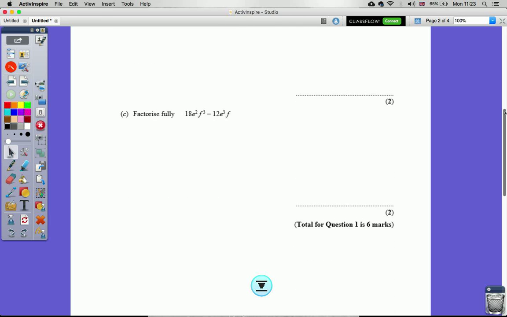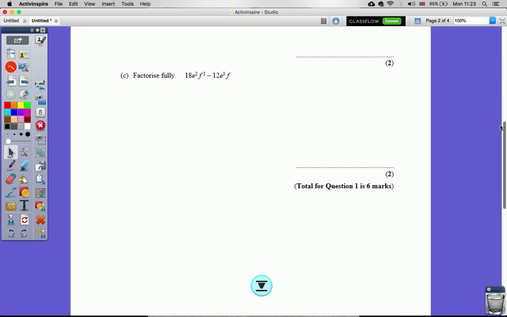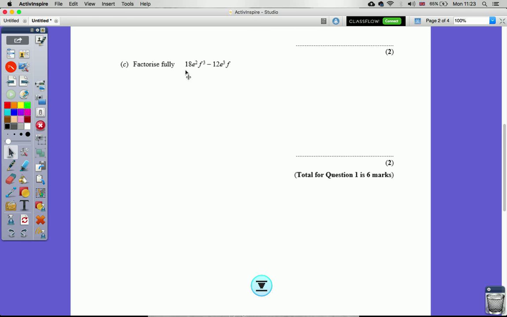Now let's look at question C. Factorize fully 18e squared f cubed minus 12e cubed f. So what we do is first look at the numbers 18 and 12, see what is the highest common factor of 18 and 12. You get 6, so take 6 out.